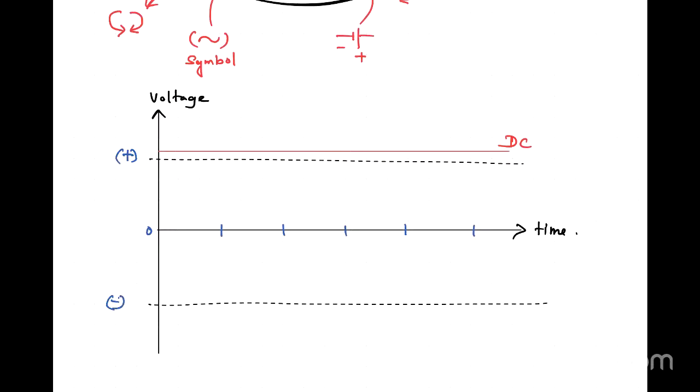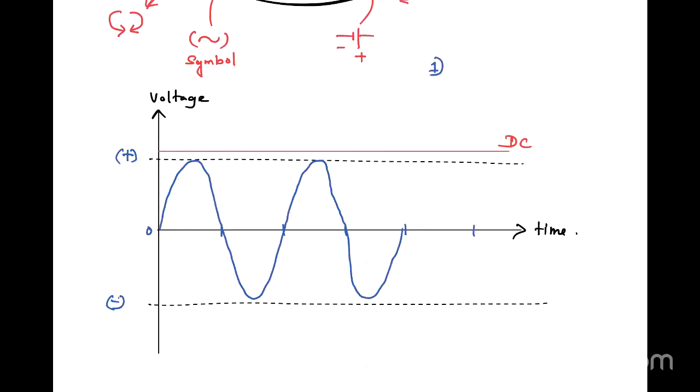So in the first split second, you will be having a positive direction current, and in the next one, a negative direction, then a positive direction and a negative direction. Likewise, the current or the voltage changes, and it will be continued like this.